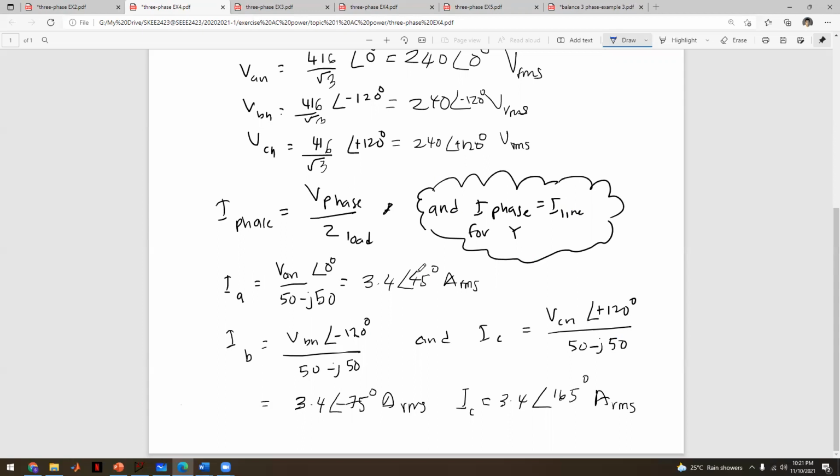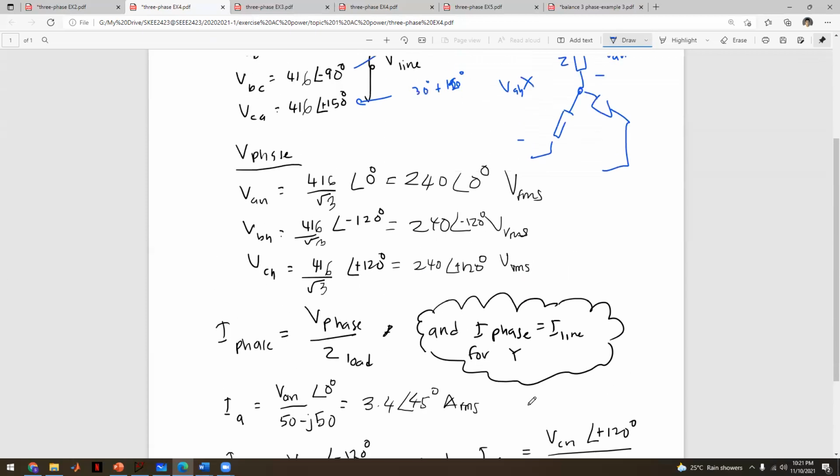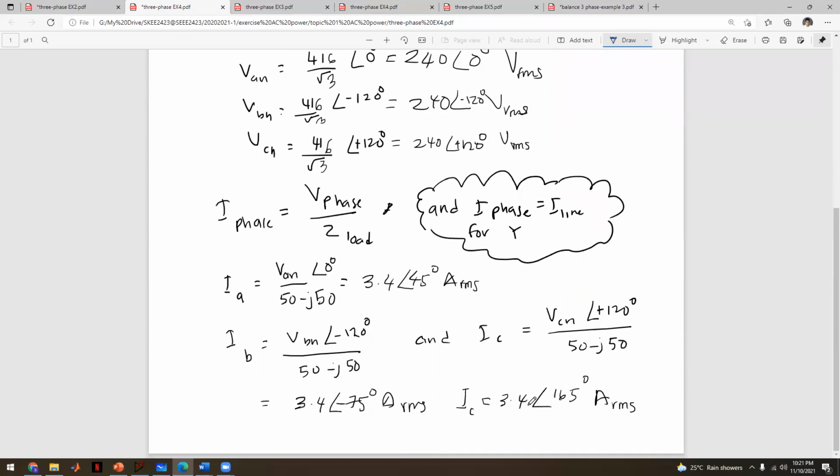And IB has the same magnitude, and the angle should be 120 degrees different. The same case also goes for IC: 3.4 with an angle of 165. So that is example 4.